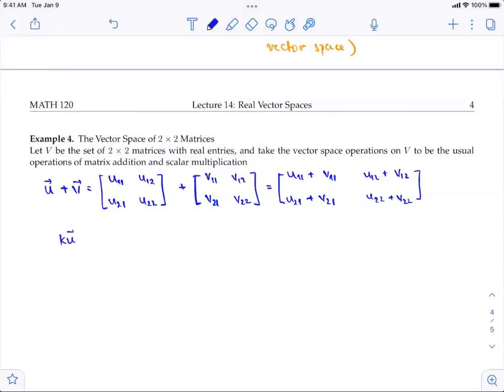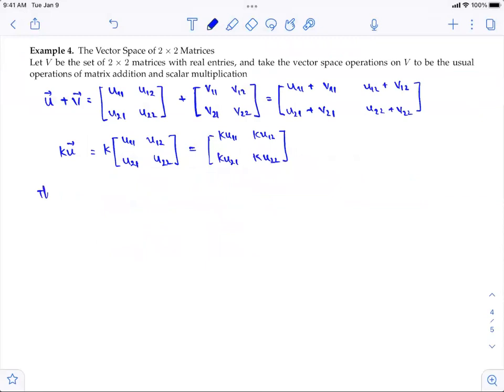For scalar multiplication, you get k times [u11, u12; u21, u22], which is equal to [ku11, ku12; ku21, ku22]. Again, when you apply a scalar multiple to a 2 by 2 matrix, the resulting matrix is also 2 by 2. So the set V is closed under scalar multiplication.